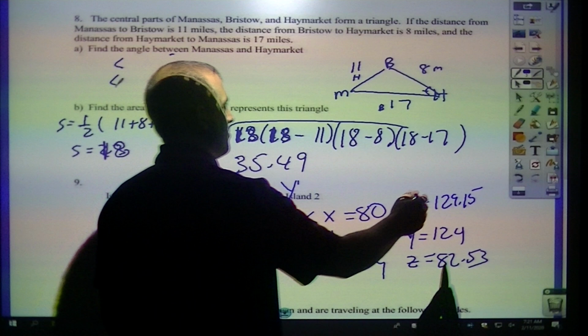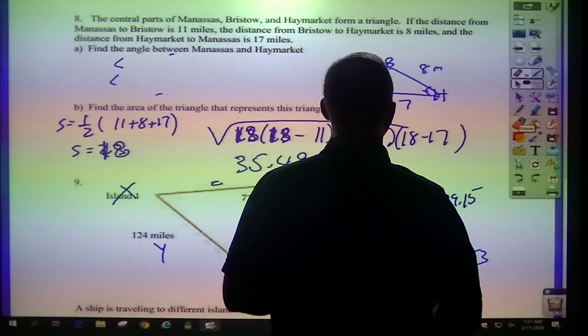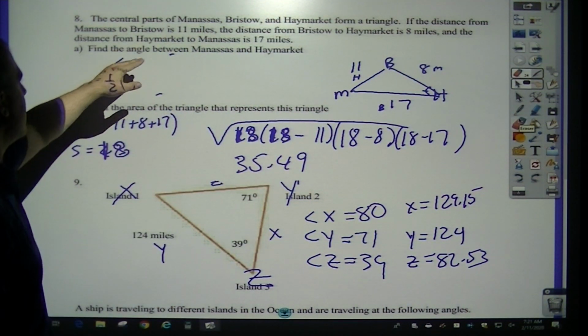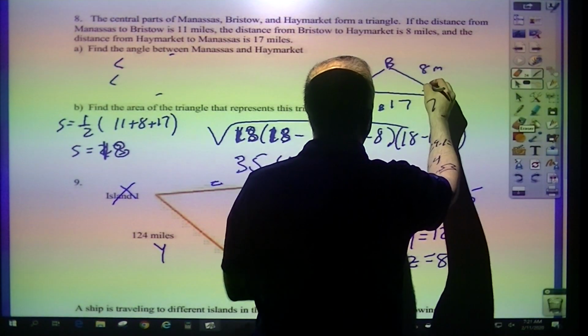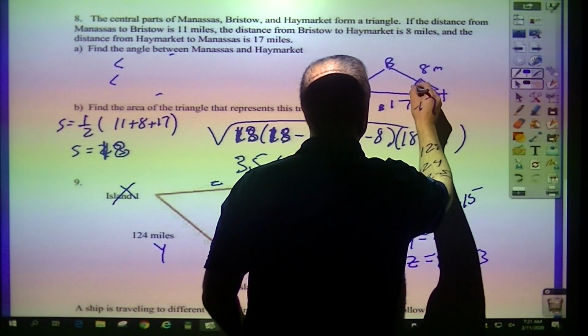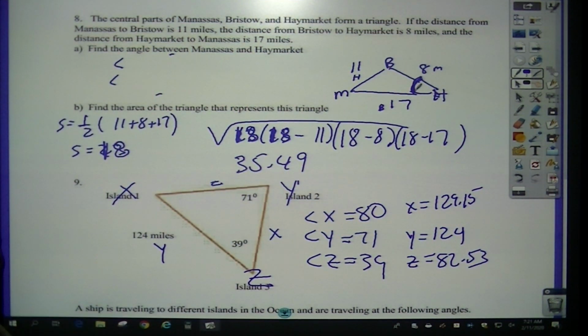Let me draw this a little bit, it makes more sense. Probably the better way to ask the question: find the angle between Manassas and Haymarket. So basically, what angle do you need to take to go?